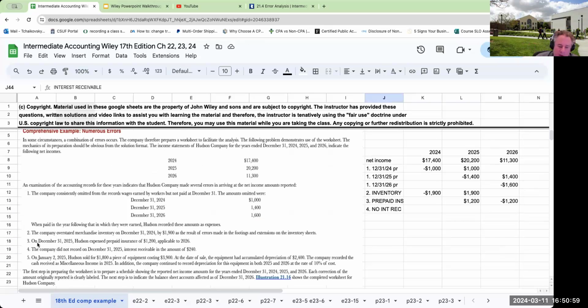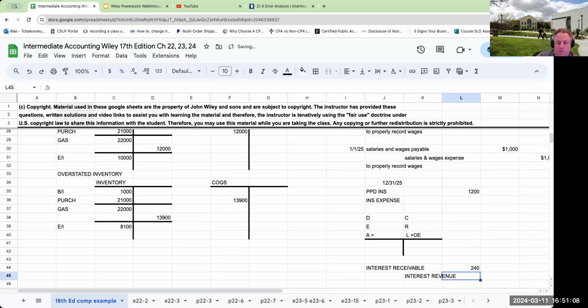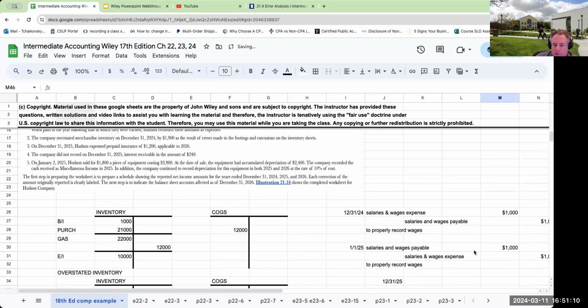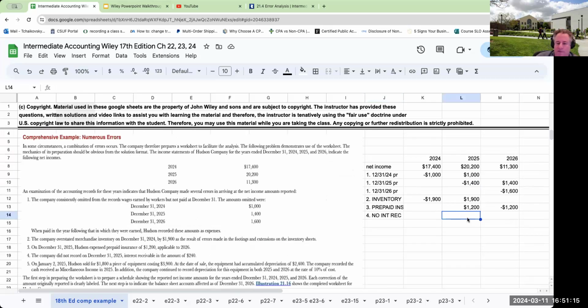So interest receivable in the amount of 240, and what I would have been crediting is interest revenue for 240. If I didn't record it, this is going to increase my net income by 240. However, if the loan I made is not going to mature until 2026, this will flip itself around.